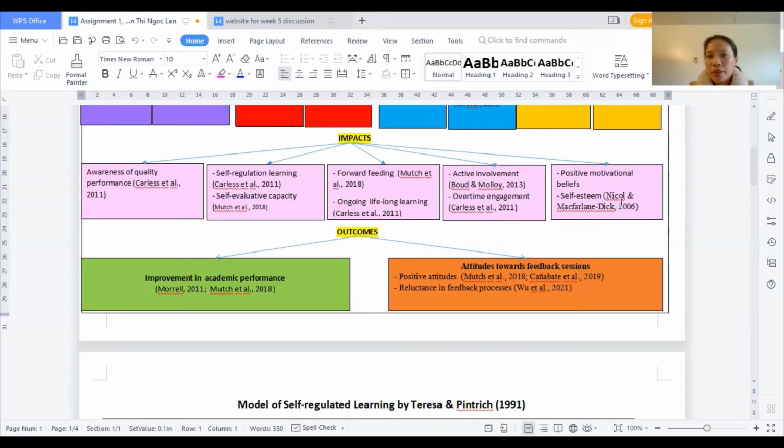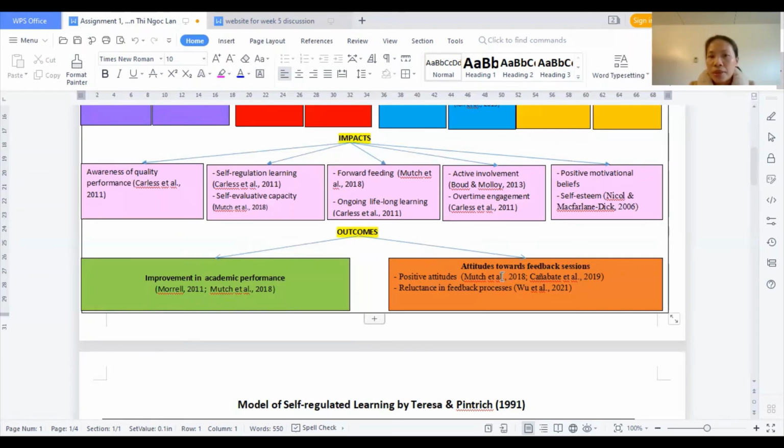Finally, according to Nicol and McFarlane-Dick 2006, with sustainable feedback, students can gain positive motivational beliefs as well as self-esteem. And as a result, according to some research like Morrell and Nash et al. 2018, students can improve their academic performance.